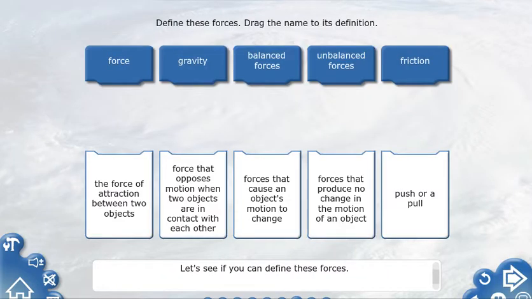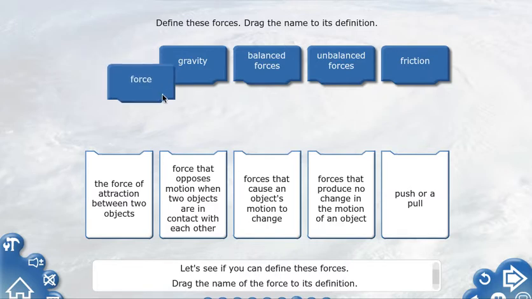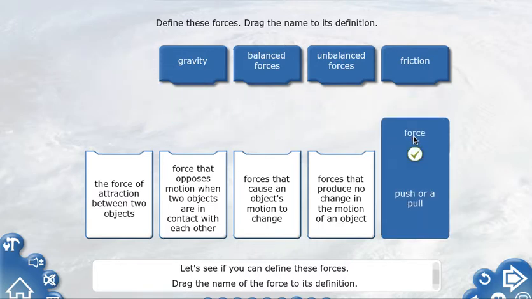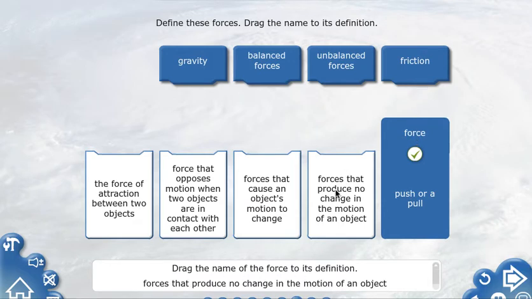Let's see if you can define these forces. Drag the name of the force to its definition. Forces that produce no change in the motion of an object.